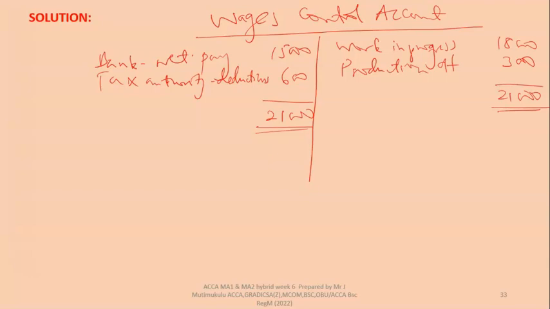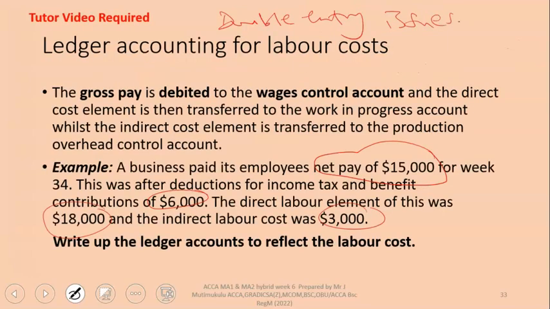We can also have these items in their separate accounts, the work in progress account and the production overhead account, using the information supplied.